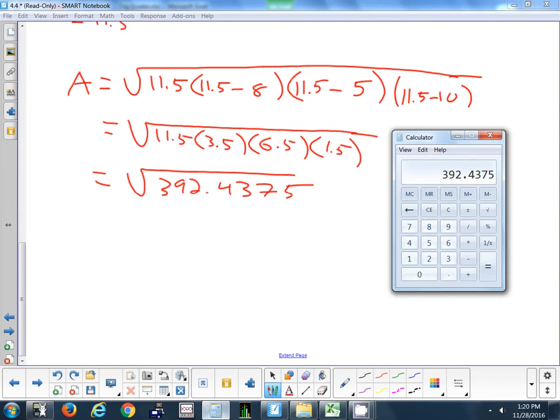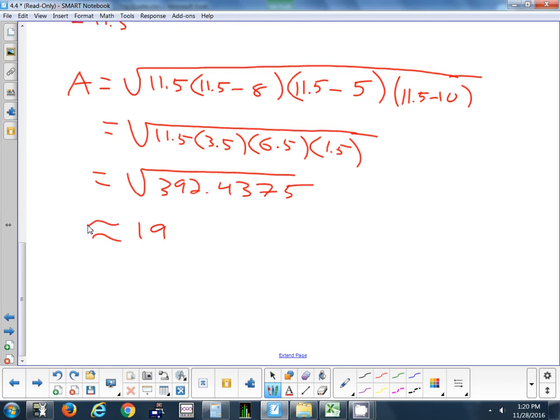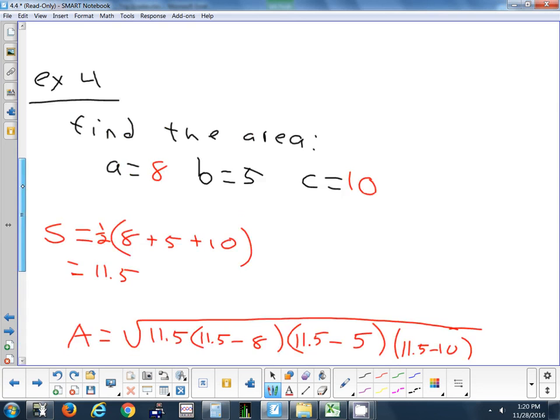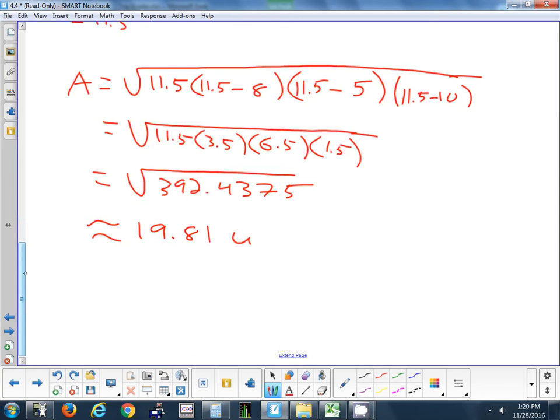Okay, so just take the square root of that. And we get about, let's round to 2, 19.81. Okay, so 19.81. And did they give me any units? No. Square units.